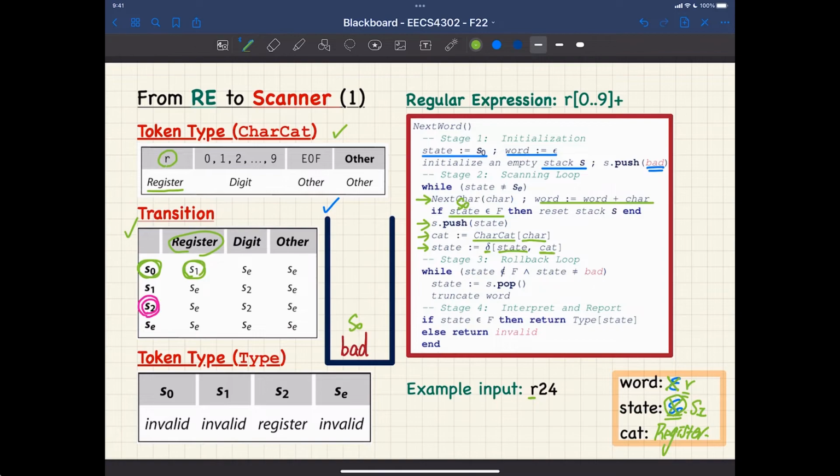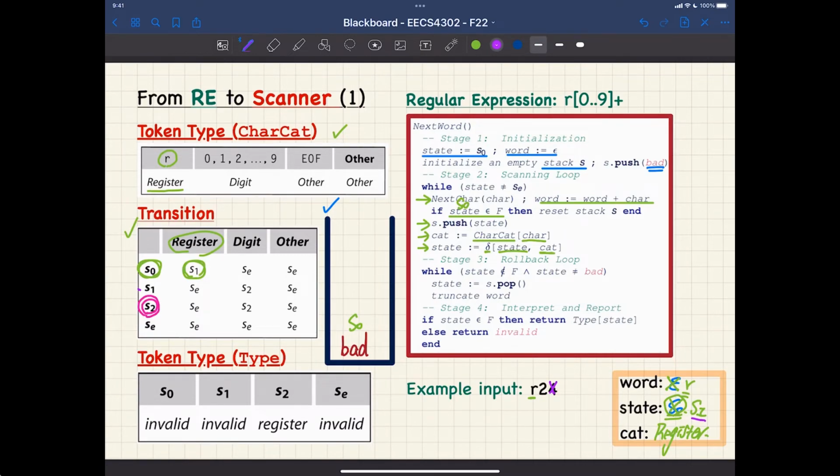Now let's try another iteration, and to make things easier, let's decide on just R2, not R24. The current state has been updated to S1. Is S1 an accepting state? It is not, so we are not exiting just yet.